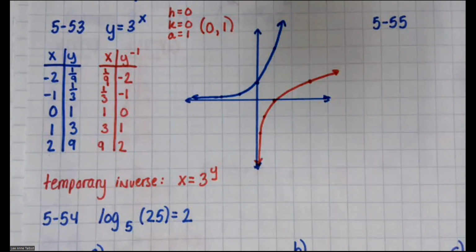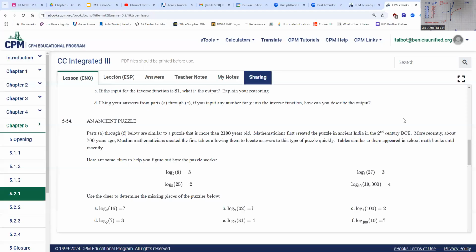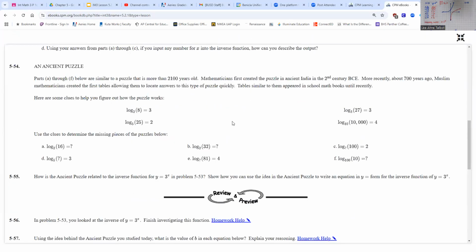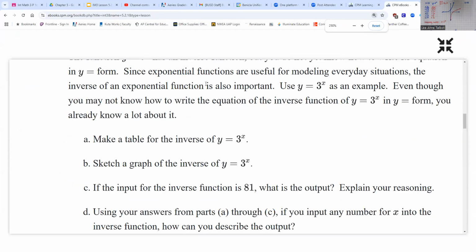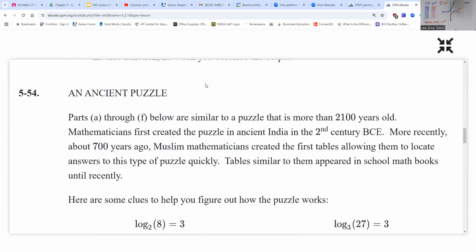Okay. Now I'm going to show you the ebook. I know it's been a hot minute since I've done that. Okay. 54. Parts A through F below are similar to a puzzle that is more than 2,100 years old. Probably 2,200 since this book was written. Just kidding.